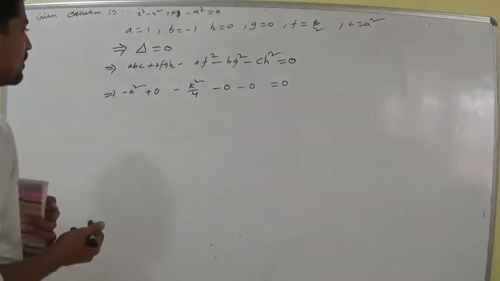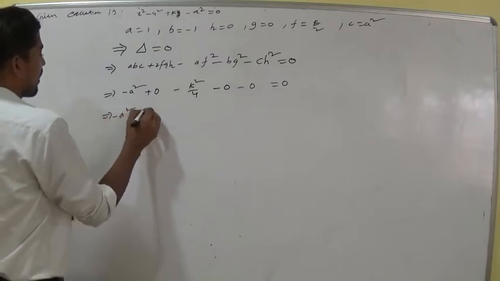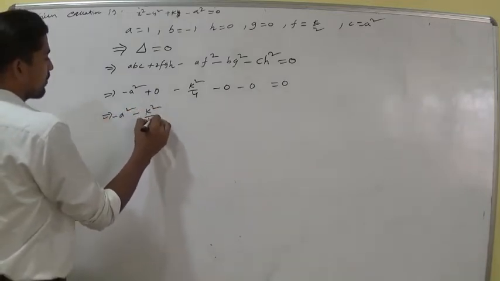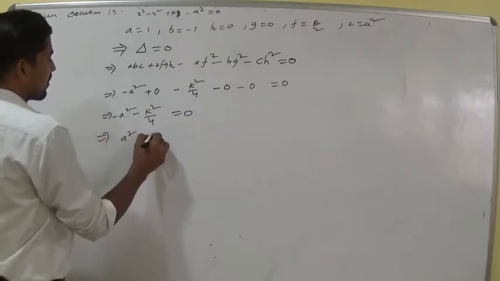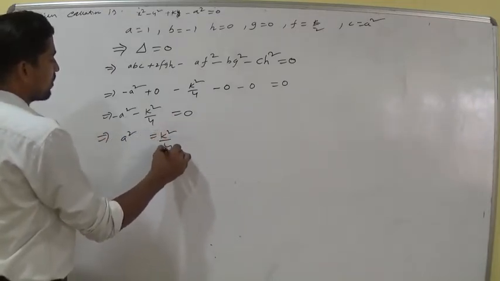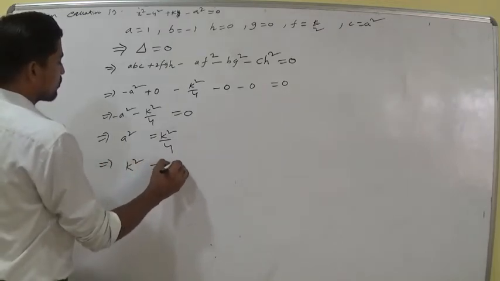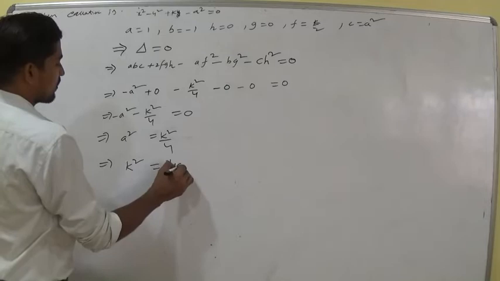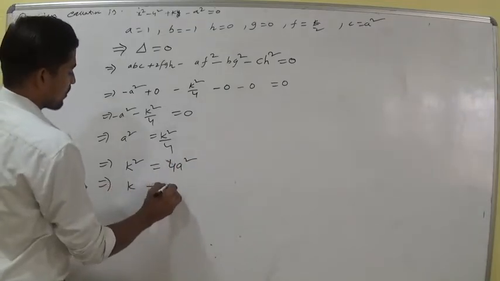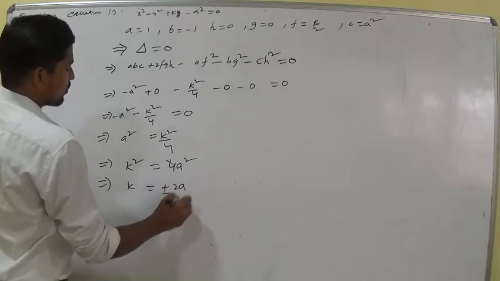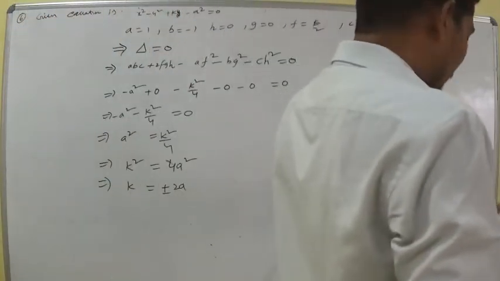So here A square minus K square by 4 equal to 0, that implies A square is equal to K square by 4, that implies K square is equal to 4A square, that implies K is equal to plus or minus 2A. Whatever is given, that is correct. Next.